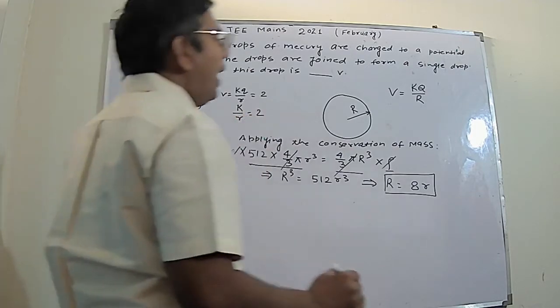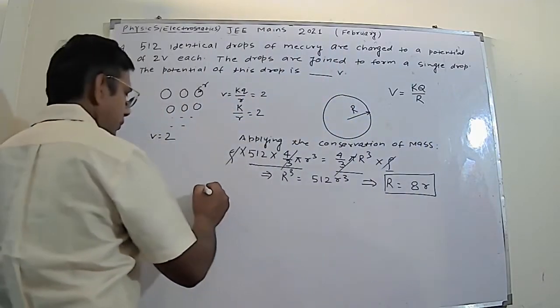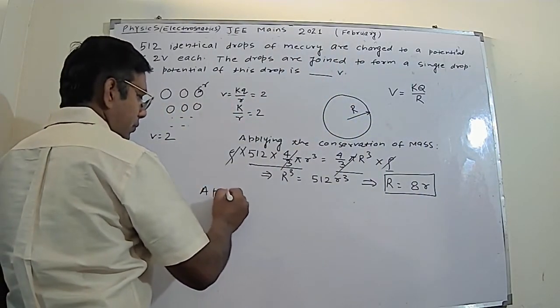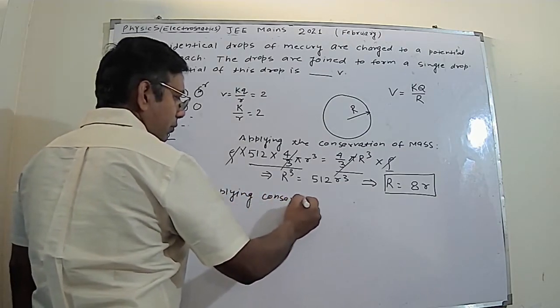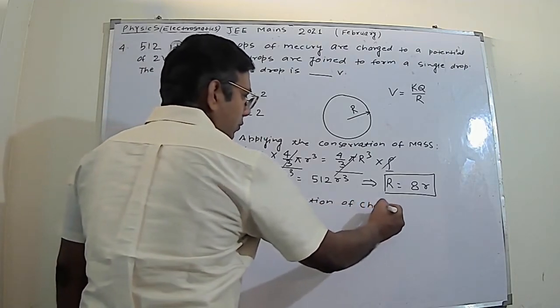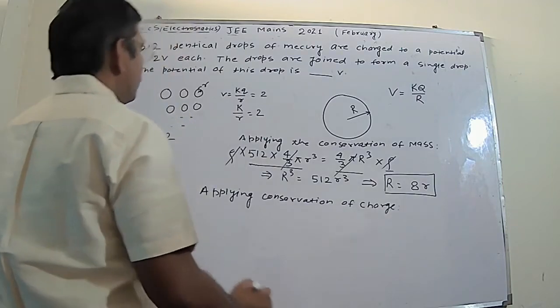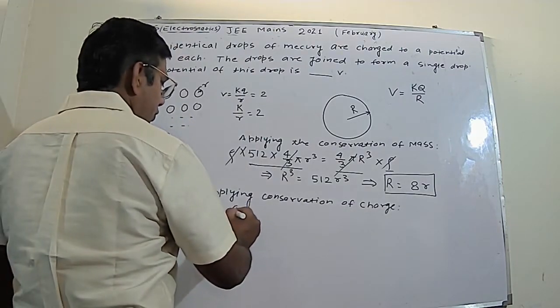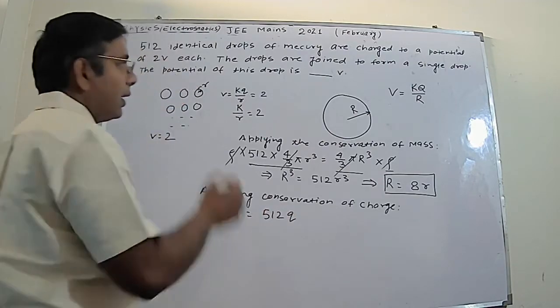Applying conservation of charge, here what is Q? Capital Q will be 512 q, right?